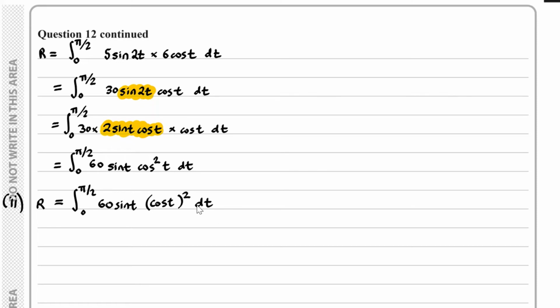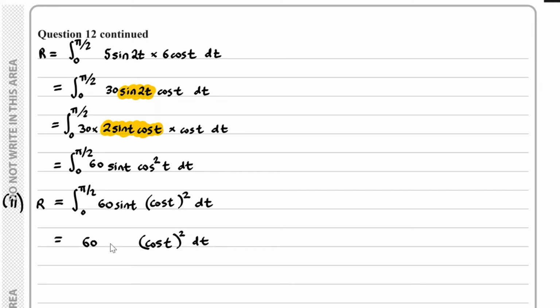And what we can do over here is use the reverse chain rule, because the differential of the bracket, that is cos t, is outside of the bracket. The differential of the bracket, cos t, is minus sine. Of course, we may have to make some sort of adjustments, but what you can hopefully see here is, if I take the 60 outside the bracket, we have over here cos t squared dt.